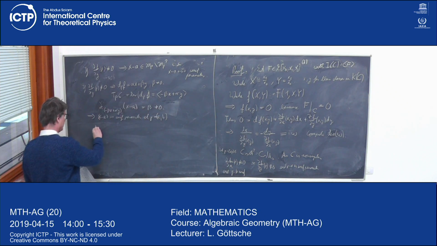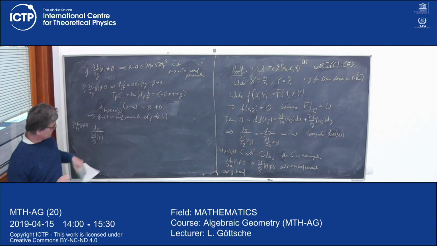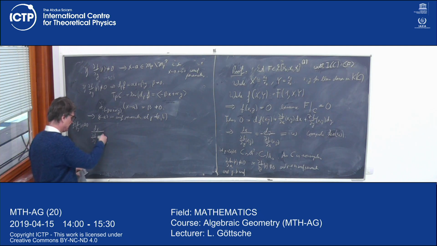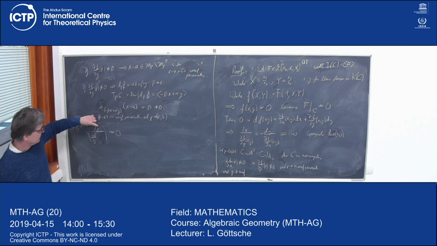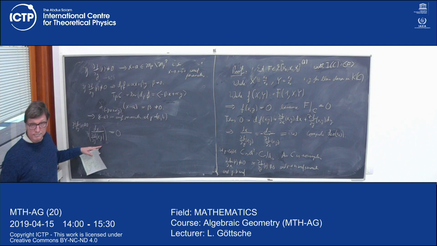So if df by dy of p is different from 0, then dx over df by dy is a differential form, and mu p of this is equal to 0, because this is a uniformizing parameter and the denominator is non-zero.